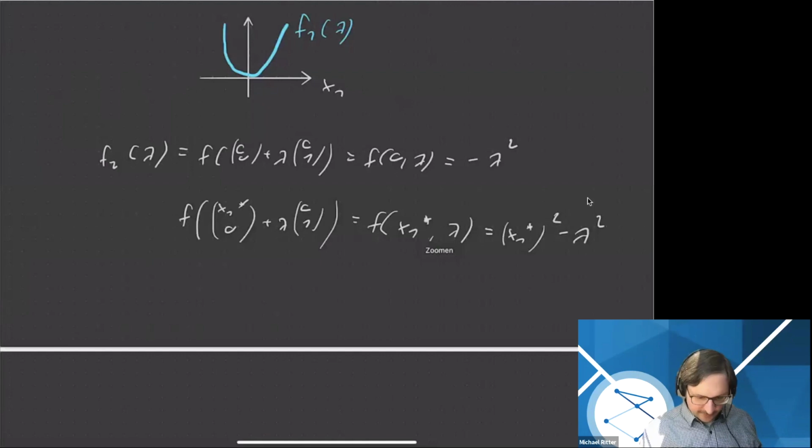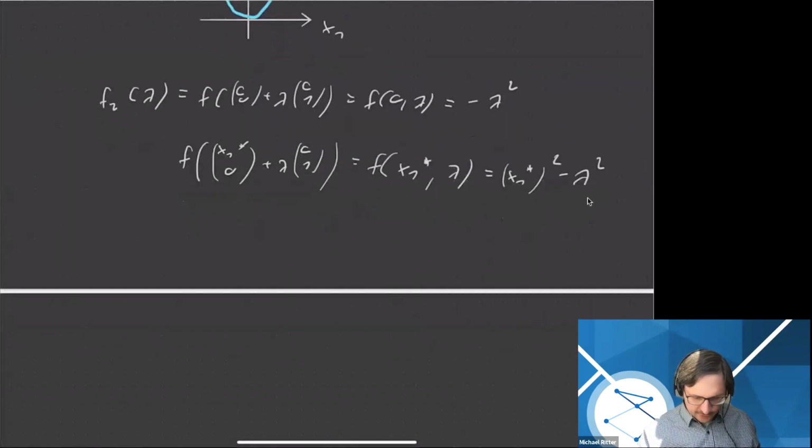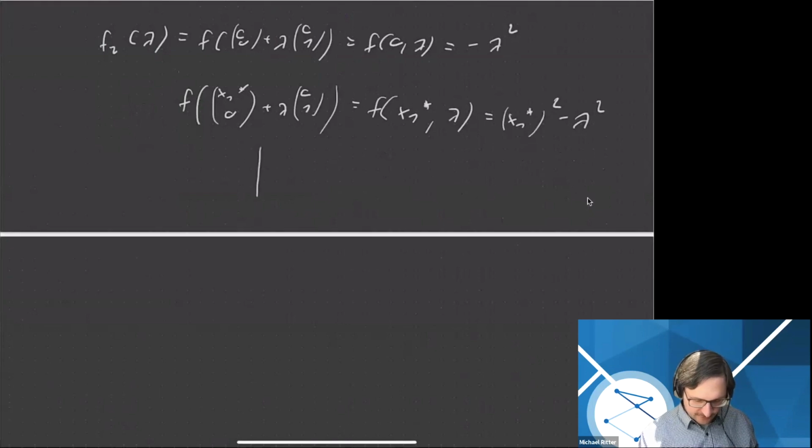Okay, we can also quickly sketch that one here. So that f2, very similar. Let's draw this in orange. So basically that one looks like this. Okay, so that's f2 of lambda.